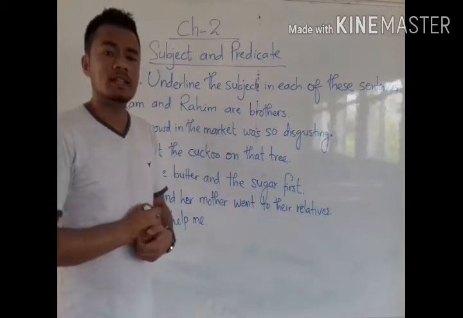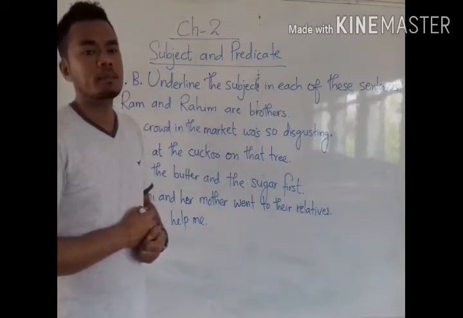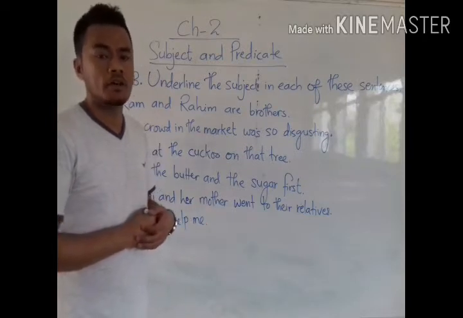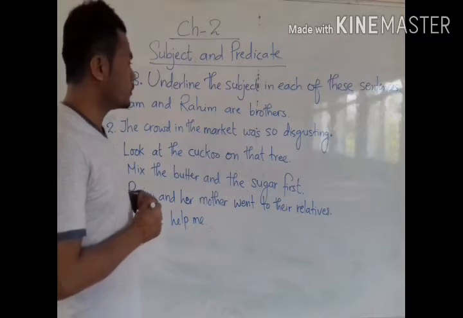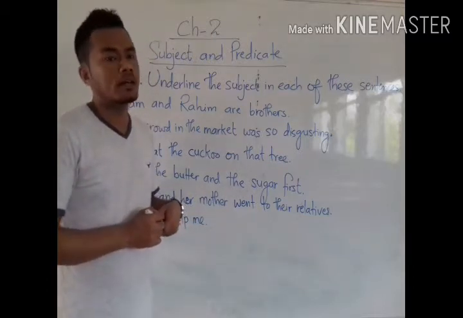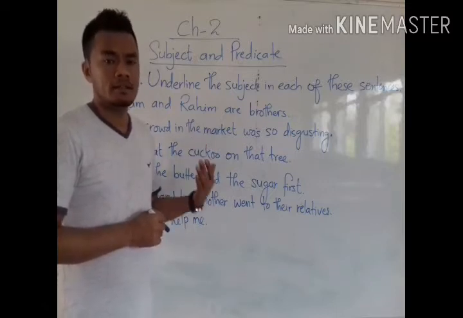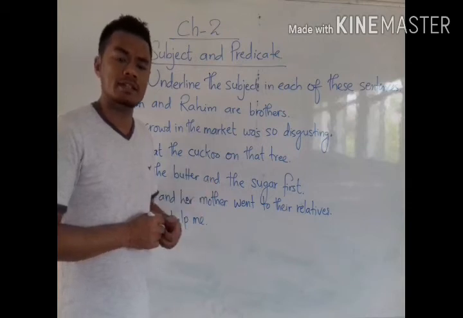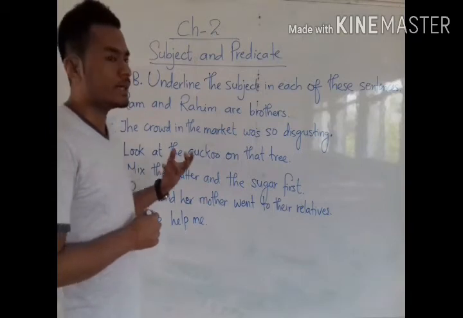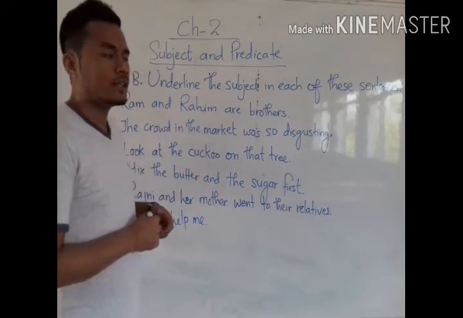Now see, in today's class we will learn how to identify subjects and predicates in each kind of sentence according to function. I told you that according to function there are four main kinds of sentences: assertive sentences, imperative sentences, interrogative sentences and exclamatory sentences. Now let us see how to identify subjects and predicate in each kind of sentence.